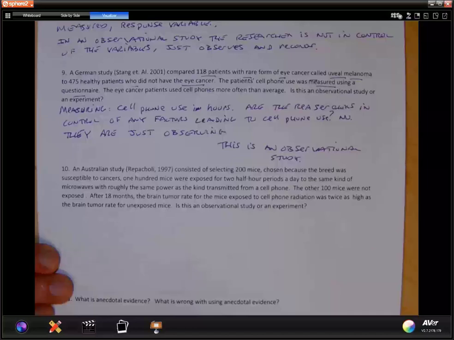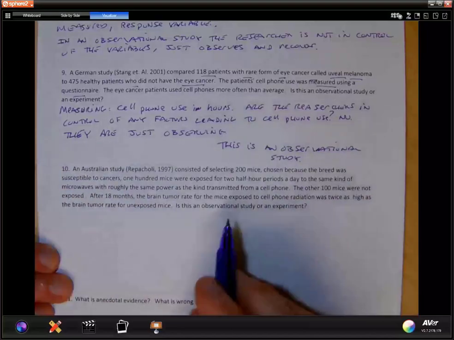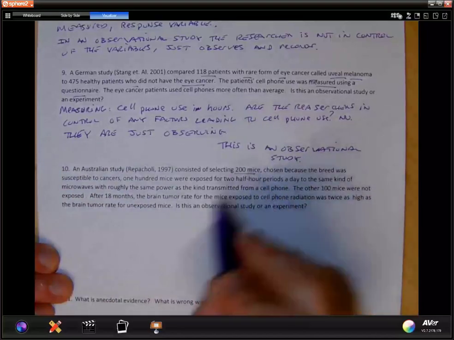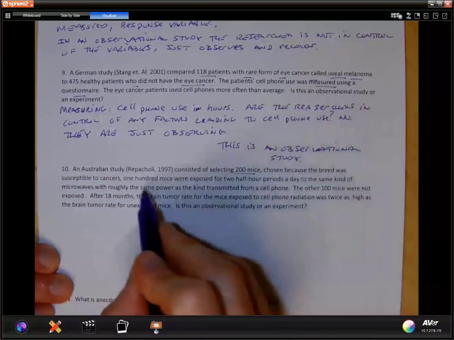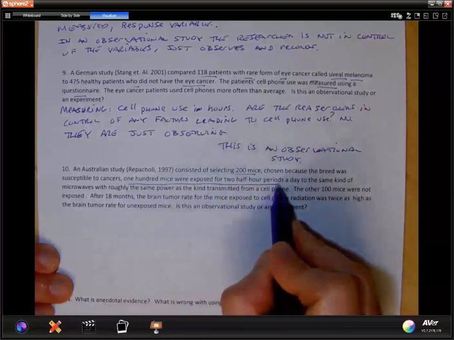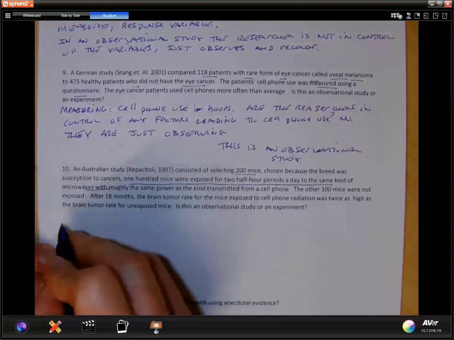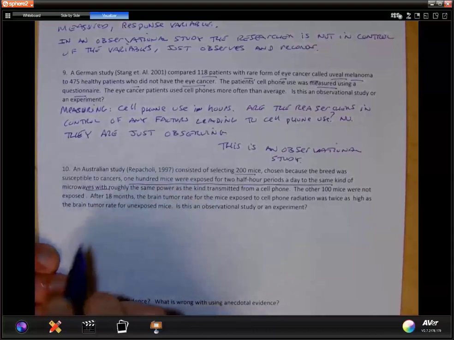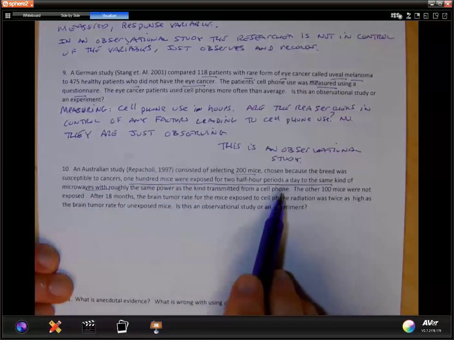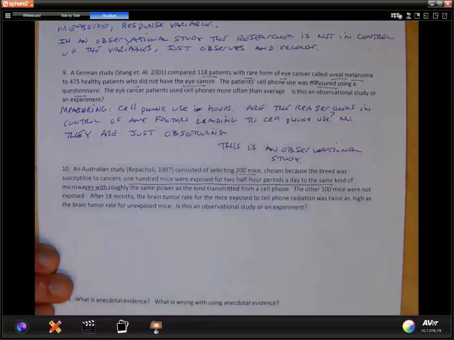Is this an observational study or an experiment? One thing I can notice is that we're selecting these 200 mice, and 100 were exposed to 2.5 hours a day to the same kind of microwaves. So there are two groups, but the researchers are controlling, in this case, the amount of radiation they're receiving.